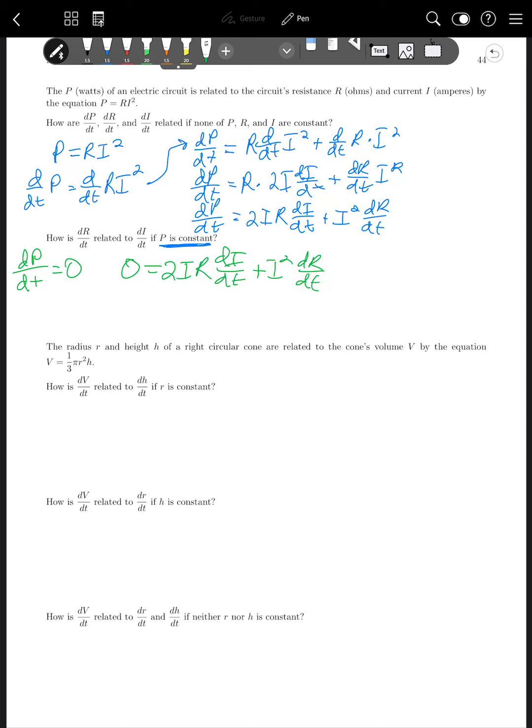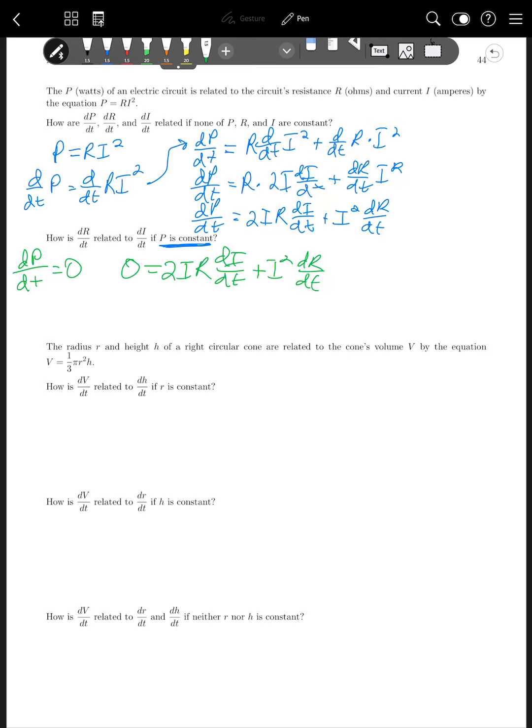And then we just want to solve for dR/dt because we want to say how is dR/dt related to dI/dt. So solve for that. Subtract 2IR dI/dt from both sides. Okay, and then divide by I squared.